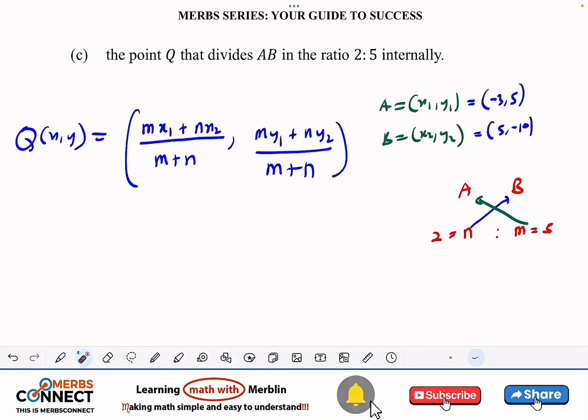The B coordinates are the ones with x2, y2. So immediately we see that this is our n, which is 2. We go with it here, and it goes with the coordinate of what? B. And then this one goes with the coordinate of what? A. So this is what we are going to get, which is very nice.